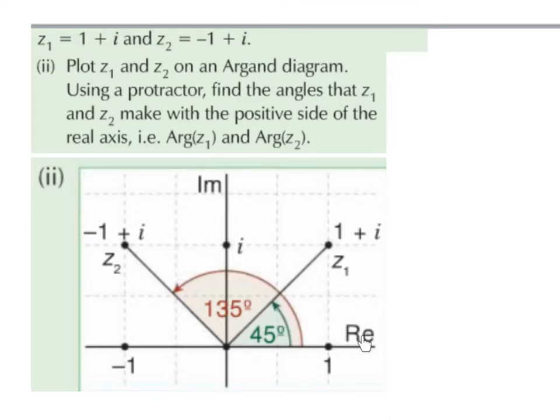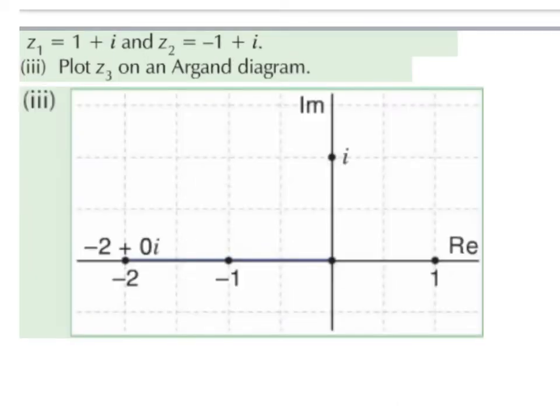So it's an acute angle which is less than 90 degrees, so it's 45 degrees. And the angle formed with z2 and the positive part of the real axis, we can see is an obtuse angle, which means it's more than 90 degrees but less than 180 degrees, and it should measure to be 135 degrees.